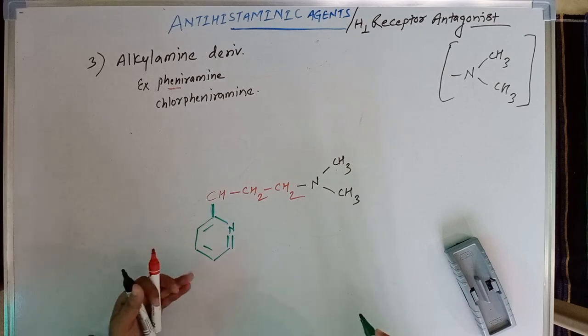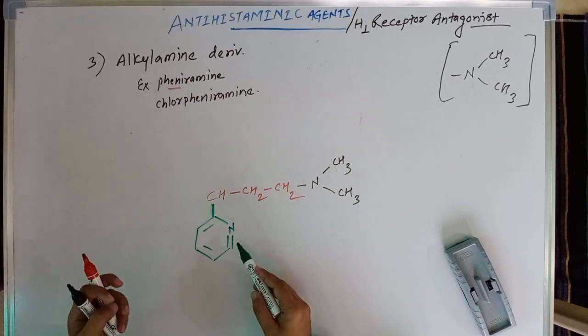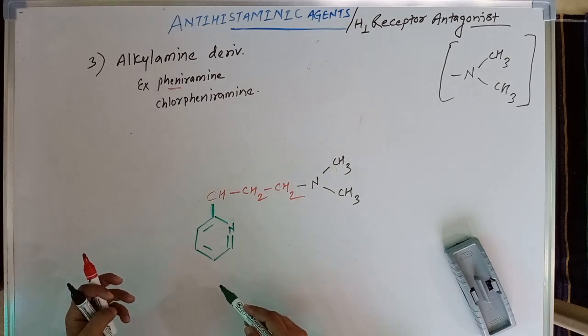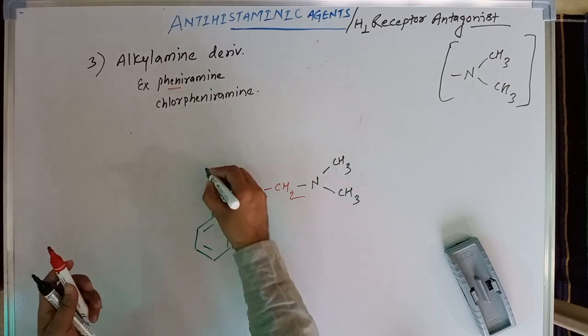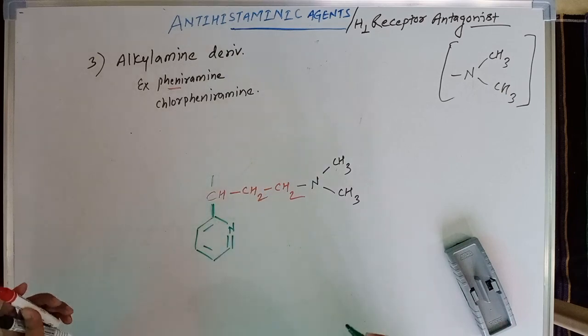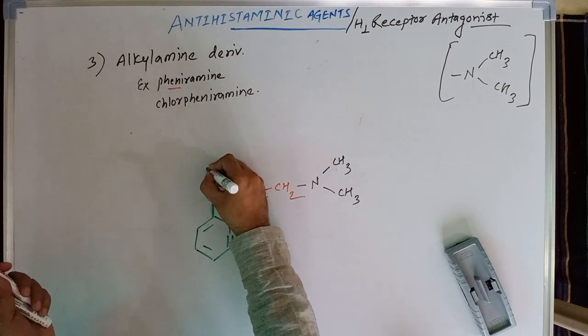One of the aromatic rings is your pyridine, and the second one is your phenyl.